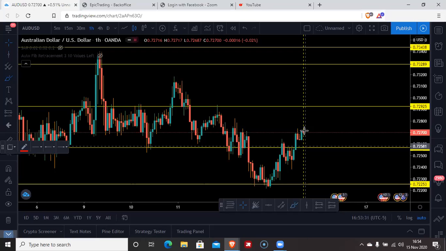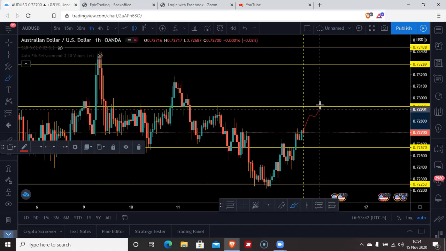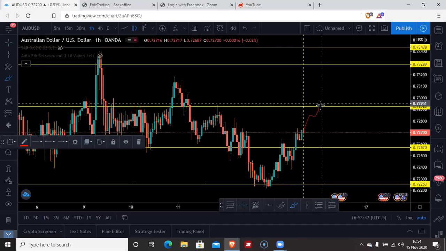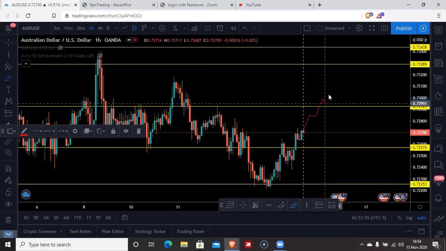It's either going to go up, boom, boom, come up here and test that. And then when it gets here, it's either going to break it, retest it, and go to the next zone.